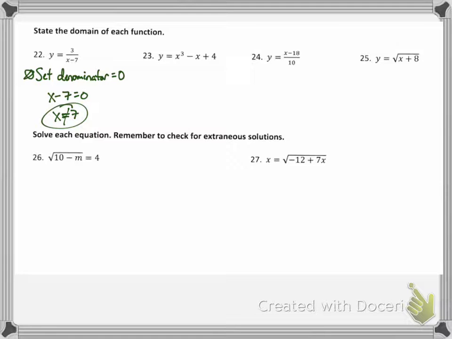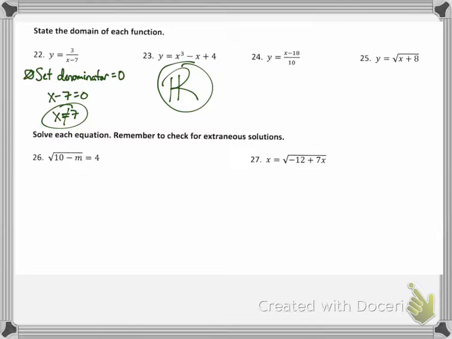If you have an expression where all the exponents are whole numbers, starting at 1, 2, 3, 4, 5, 6, whatever the case may be, if that's all you're dealing with, you have an infinite amount of x values that'll work. So we could say my domain is all real numbers. So I can write the little R with the second line in it. That's going to be your domain.